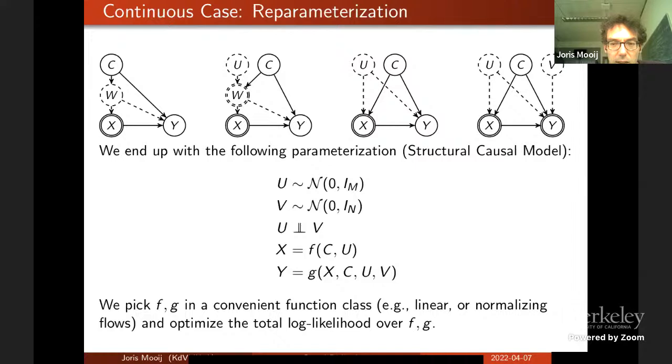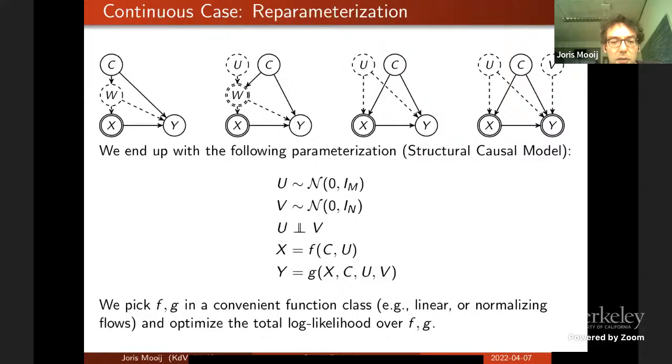If you're familiar with structural causal models, then it should be clear what is going on here. Now, the next step, if we want to do causal inference, would be to pick the functions f and g in a convenient function class. So basically, we have used the freedom in choosing the functions f and g to already fix the distribution of the noise variables u and v. So we don't have to infer the distribution of u and v from the data.